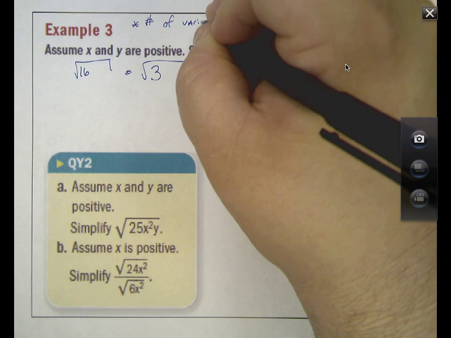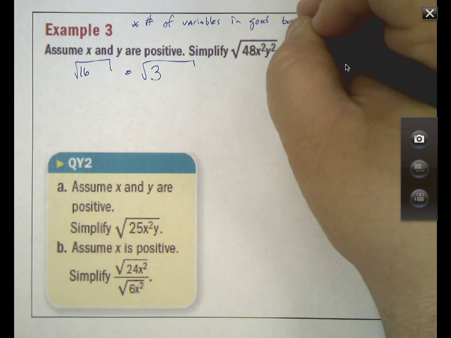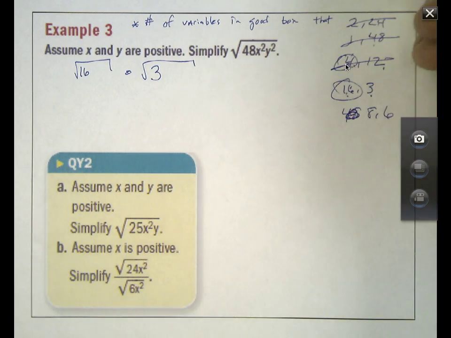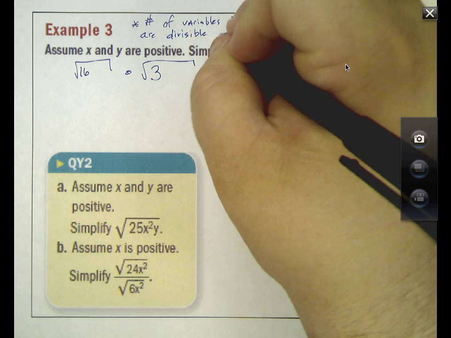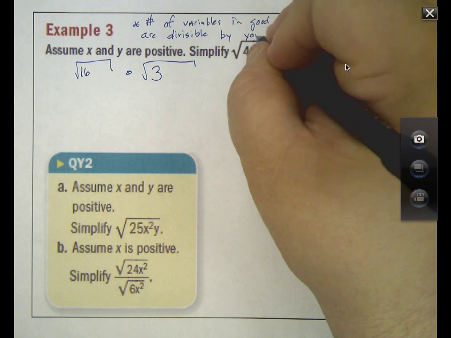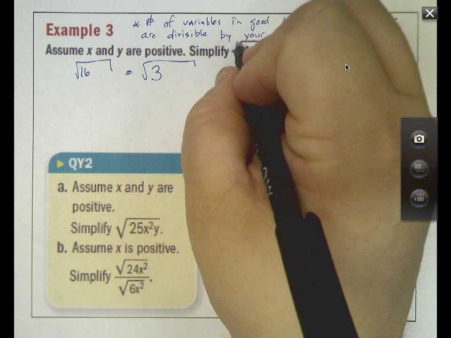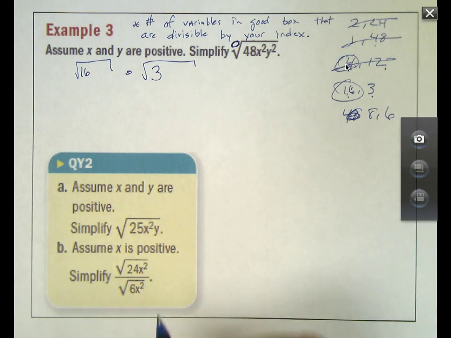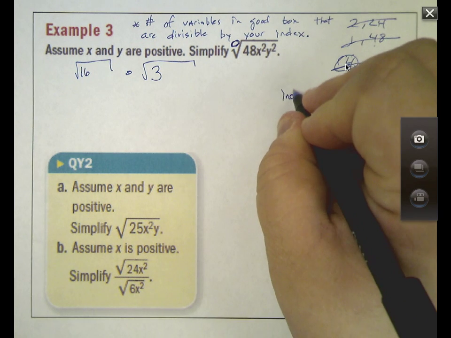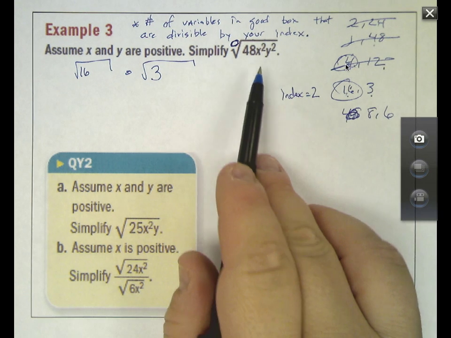Dealing with variables, you put the number of variables in the good box that are divisible by your index. Now remember, my index is this number right here. In this case, it's invisible, so it's the number 2. So my index in this case is 2.